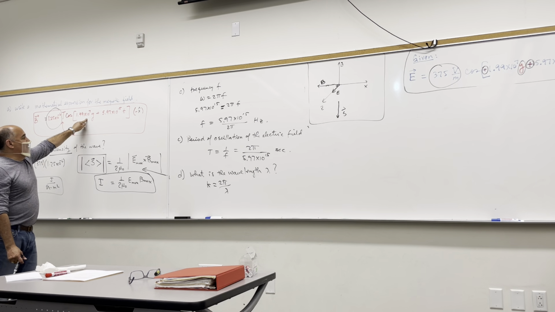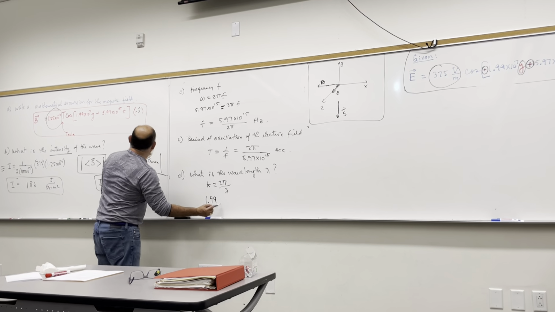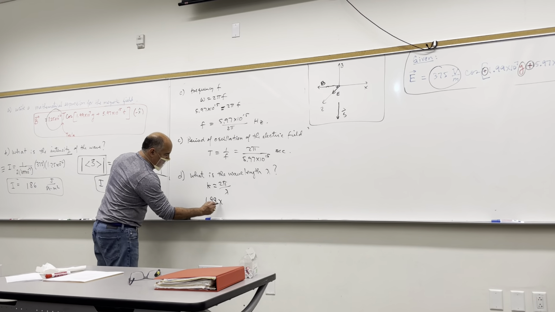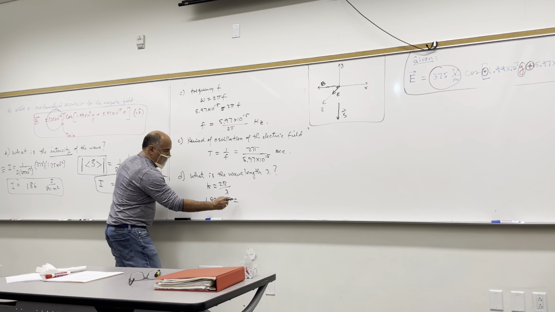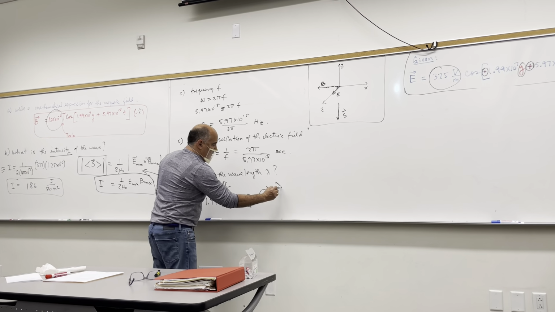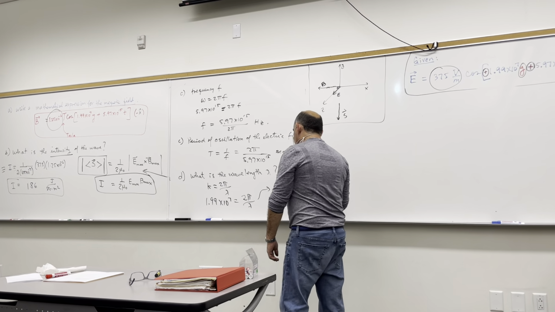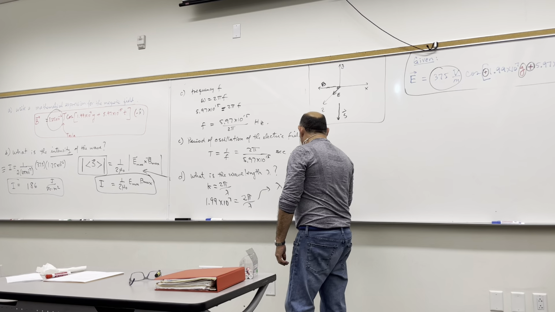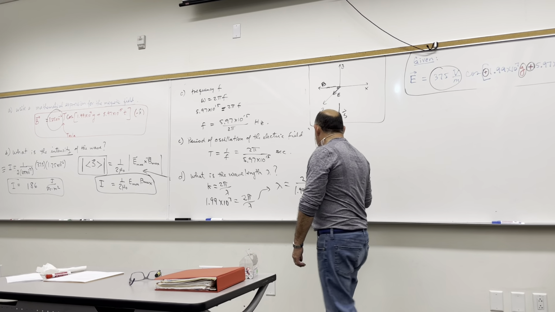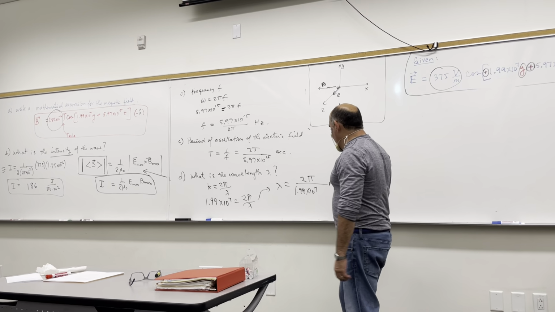It's 1.99 times 10 to the 6. No, times 10 to the 7, sorry. So therefore, the wavelength would be 2 pi over 1.99 times 10 to the 7th meters. Is there another way to get the wavelength?